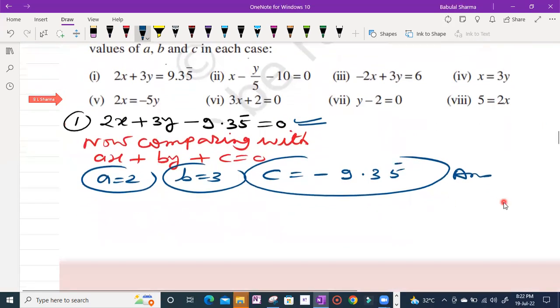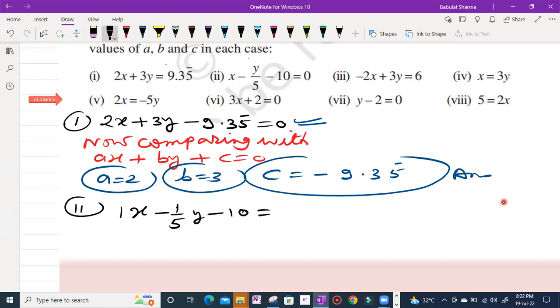Similarly for the second part of it, see here, यहाँ पे देखिए second part ये है x, means we can write 1x minus 1 upon 5y minus 10 is equal to 0. अगर y का कोएफिशिएंट नहीं है तो इसको आप 1 सपोज कर सकते हैं.